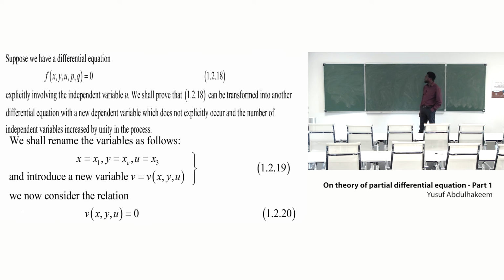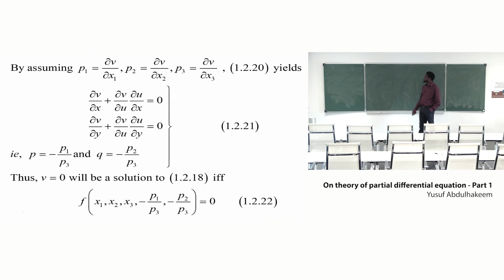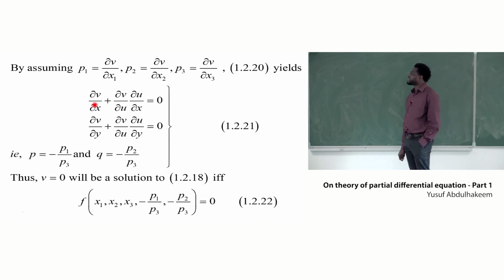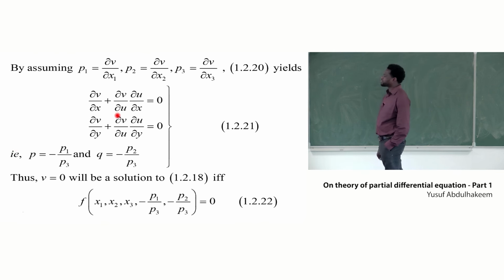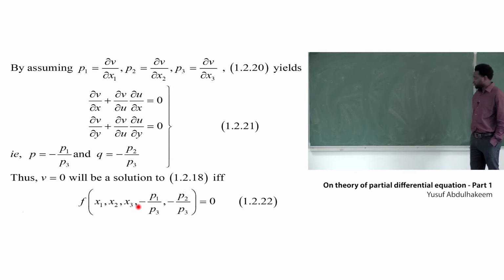That is, when we differentiate the differential equation in 1.2.20 with respect to these variables, we are going to have this differential equation in 1.2.21. And then again, assuming P is equal to minus P1 divided by P3, and Q is equal to minus P2 divided by P3, thus v equal to 0 will be a solution to 1.2.18 if and only if this differential equation is equal to 0.